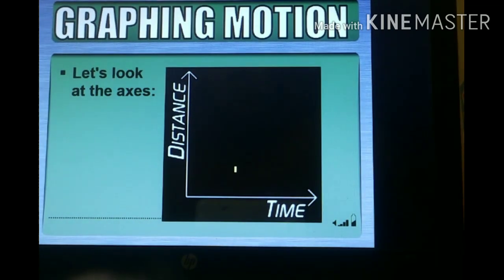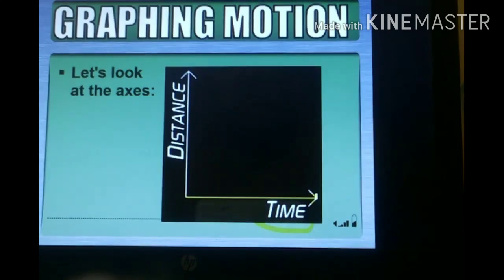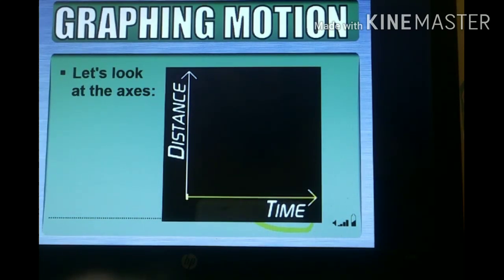Whenever a graph comes, you should know that time is always taken on the x-axis. A graph consists of two axes, one is the x-axis, another is the y-axis. Time is always taken on the x-axis only, and distance is taken on the y-axis. Why is time taken on the x-axis?